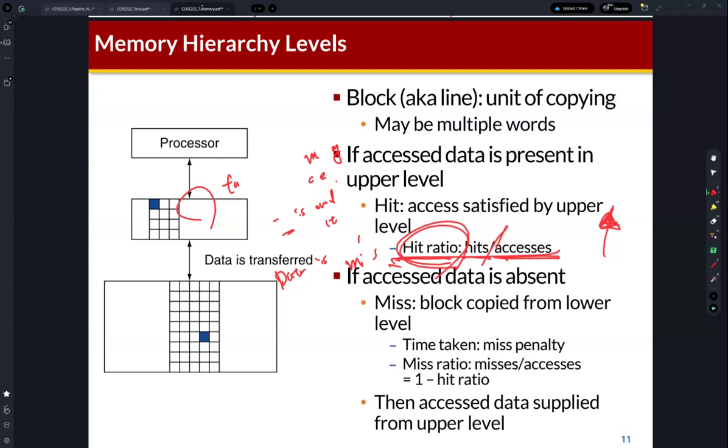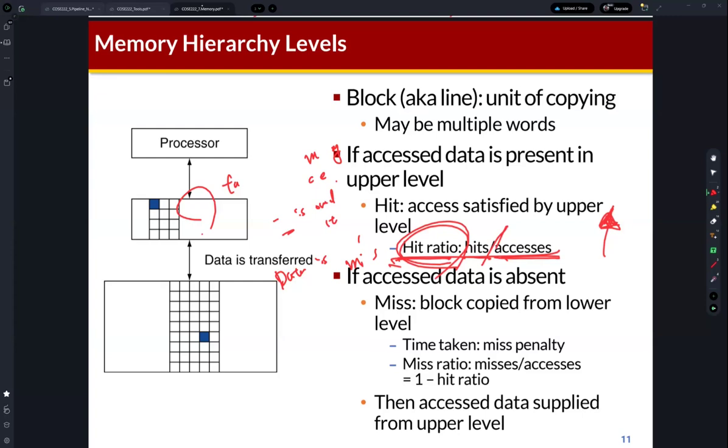Using the hit ratio of the cache, we can estimate the performance of a computer system. So to improve the performance of a computer system, we need to improve the hit ratio of the cache, the best memory.